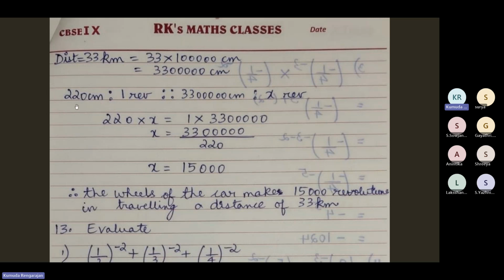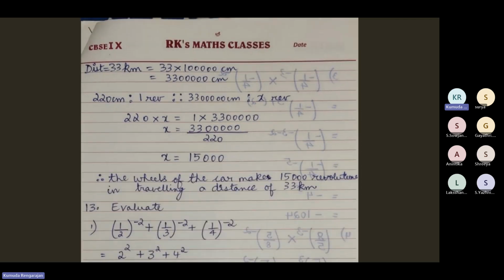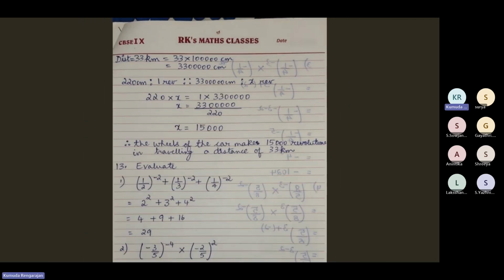The first term is distance, the second is revolution. Again, distance, revolution. You know that the product of means is equal to the product of extremes. So 220 into x is equal to 1 into 33 followed by 5 zeros. You know how to solve this, and x is 15,000. So the wheel has to make 15,000 rotations to cover that distance of 33 kilometers.